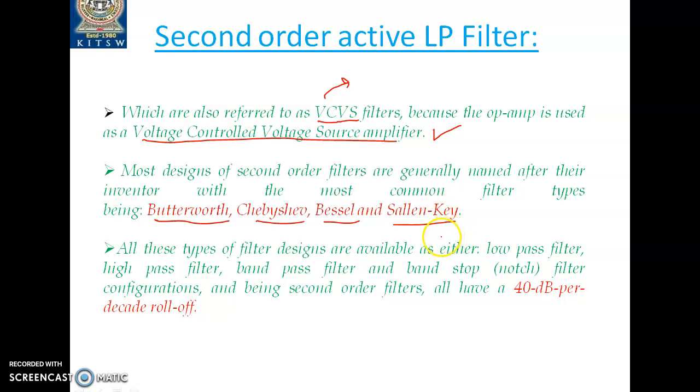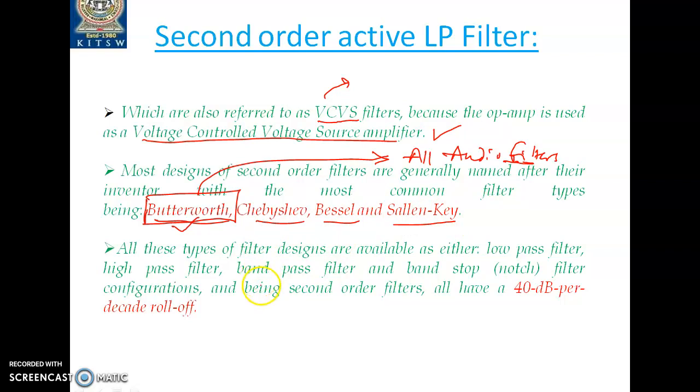When it comes to audio frequency applications, we should use the Butterworth filter, which is the best filter for all audio filters. Okay, so this point is very important because you are going to be designing the audio filters only, right? So for all audio filters, we are going to be considering the Butterworth category. For higher order filters, we go for the Chebyshev, Bessel or Sallen-Key according to the application of the design.